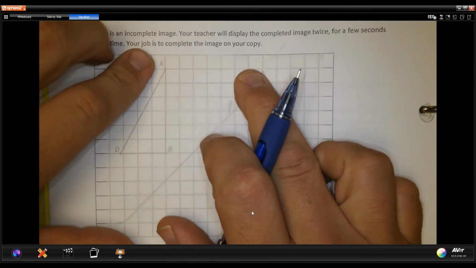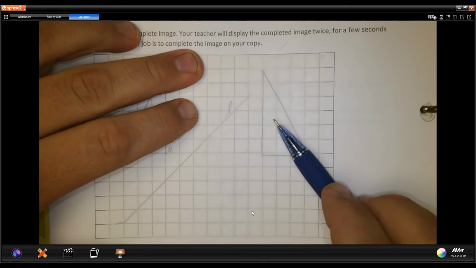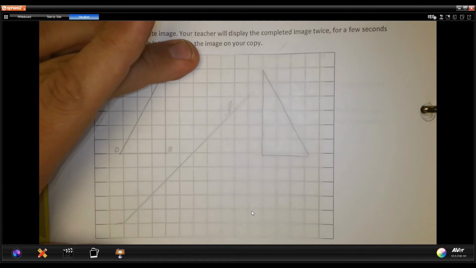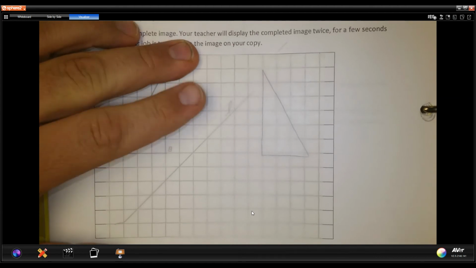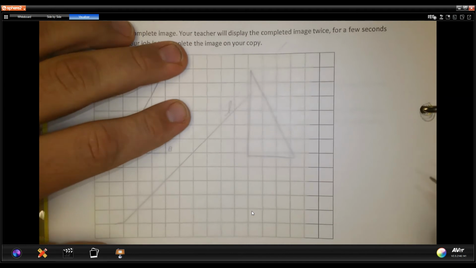Now, the issue with this is that the line that's at a diagonal right here is not coming across the line correctly. And so what we need to be able to gather from this is why not. There are certain rules that have to be followed along with this.